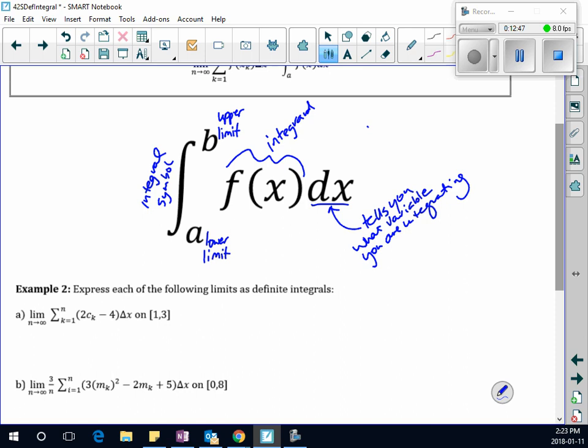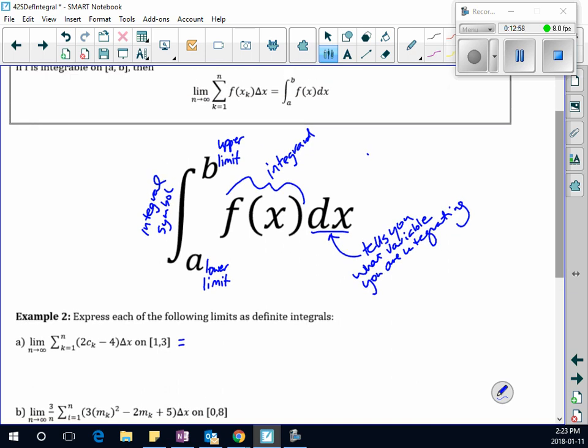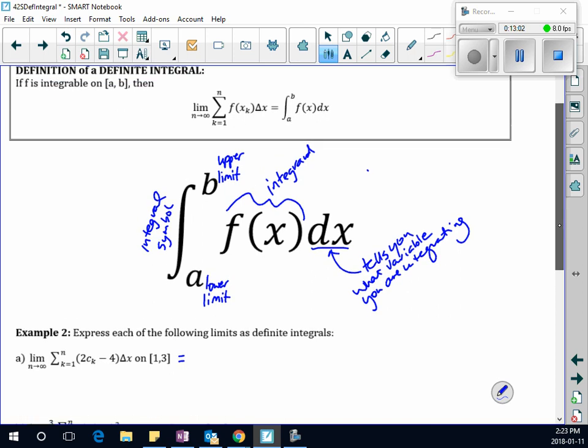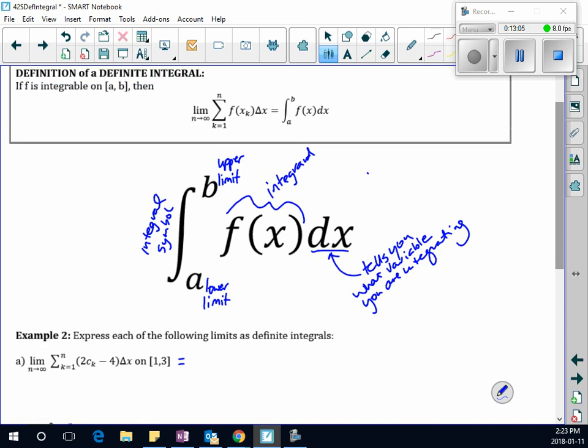Okay, so we're going to turn this into this. Maybe I'll scroll up a little bit. Does everybody see it's telling you basically how to do it? Here's your closed interval, which goes into the integral as the upper and lower limits. That's pretty easy, I bet you could fill that in right now.